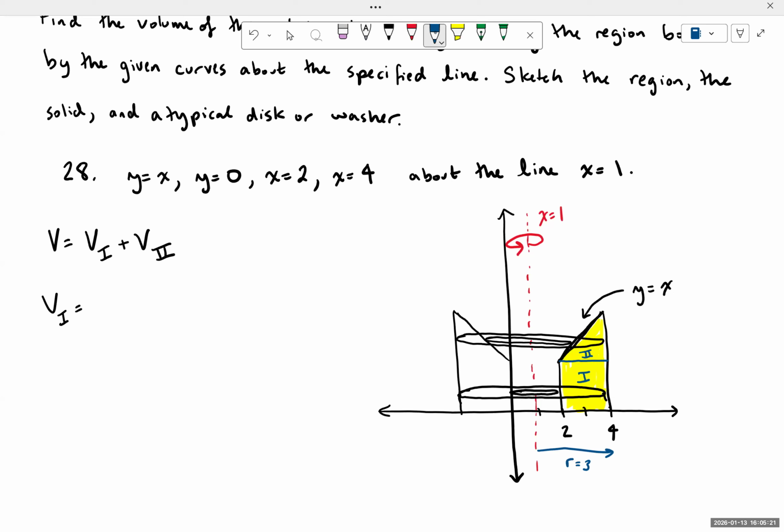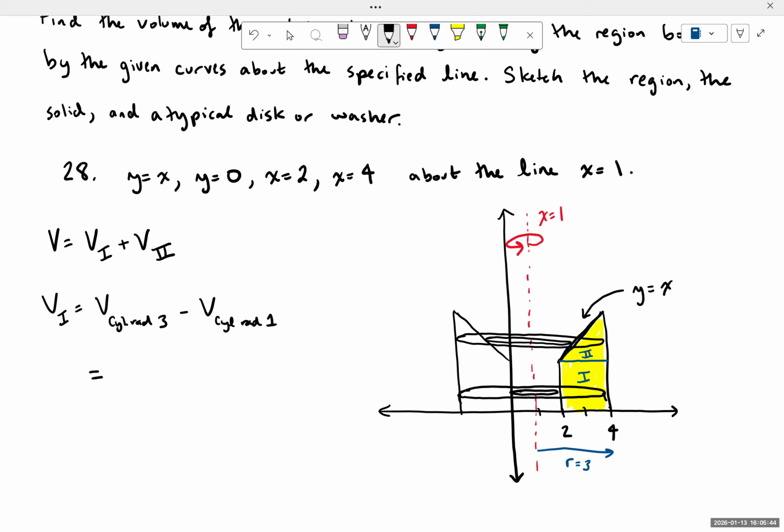And then the other one is just a cylinder of radius 1. So you can think about this as the volume of a cylinder of radius 3 minus the volume of the cylinder of radius 1. Okay, so volume of a cylinder is pi r squared h.